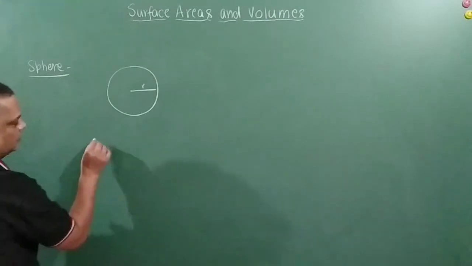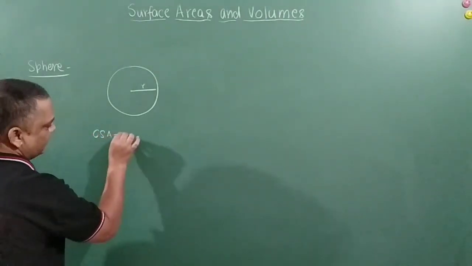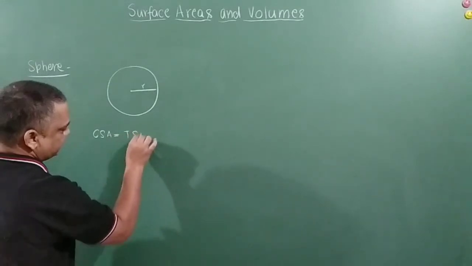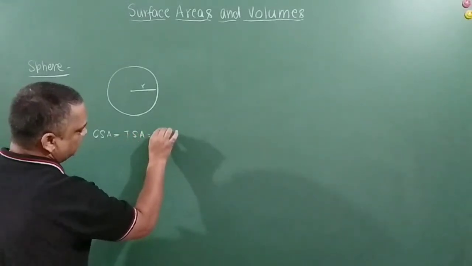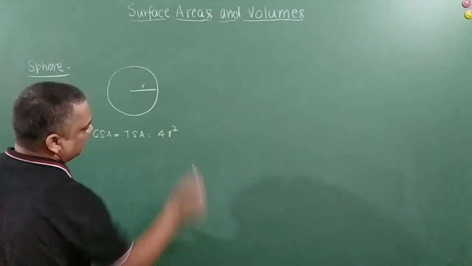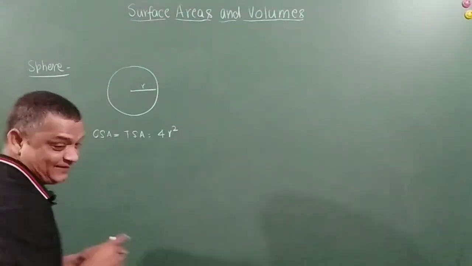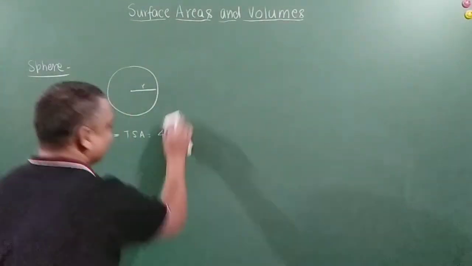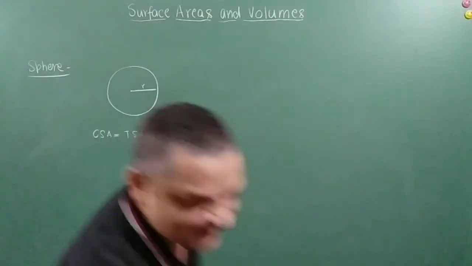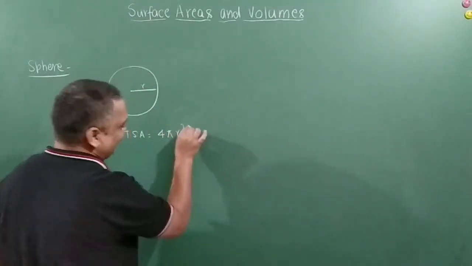Again, curved surface area is equal to total surface area in this case, which is 4 r square. Sorry, whenever a circle is coming, we cannot omit pi. They go hand in hand. So it is 4 pi r square.